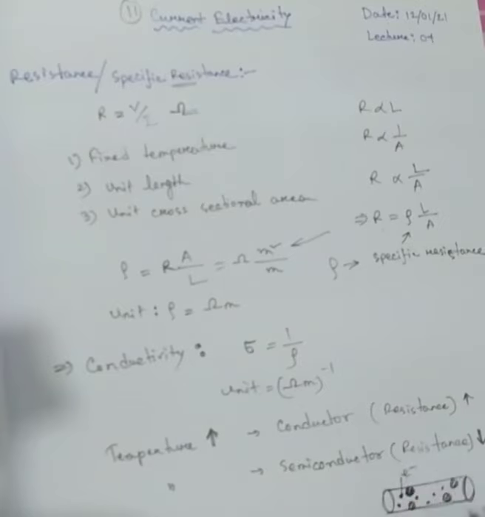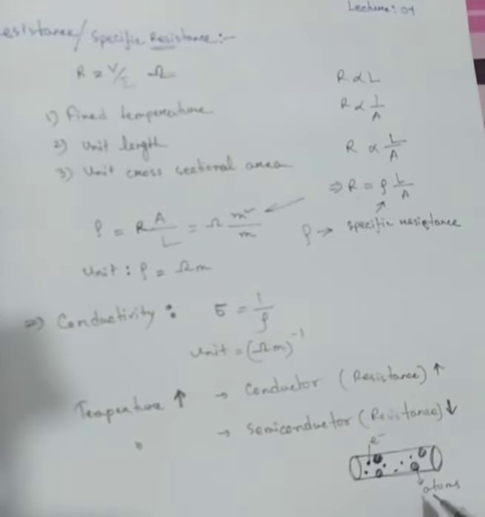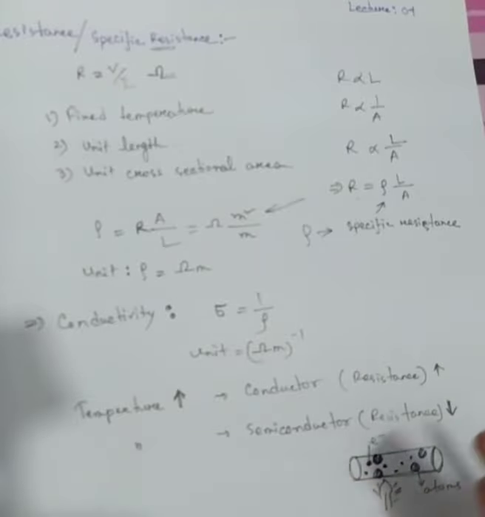These are the electrons, and these are the atoms of that conductor. So if the temperature rises, what will happen here? The electrons are free, so they will get extra energy, and the atoms of the conductor will also get extra energy. We are applying heat, meaning we are providing extra energy, so atoms and electrons will have more movement than earlier, as they are getting extra energy.